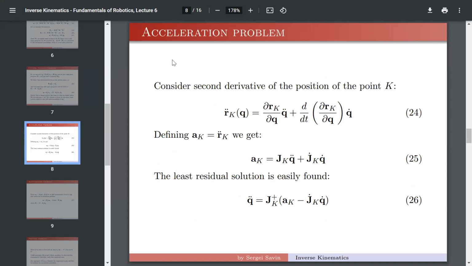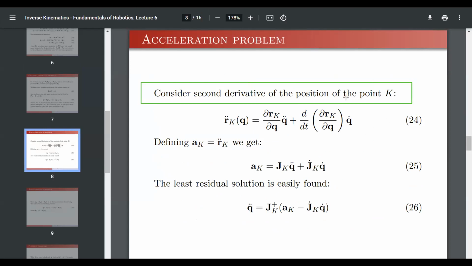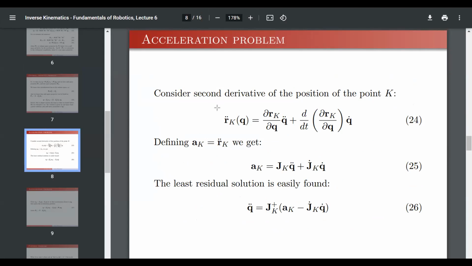Let us now consider the acceleration problem. What do you mean by acceleration problem? Well, let's find the second derivative of the position of k. What is the second derivative? Well, the second derivative, k double dot, is, you remember the first derivative, right? It is dr dq times q dot.